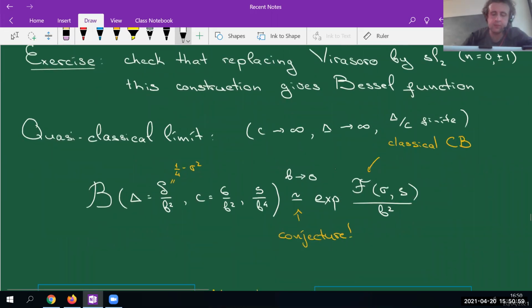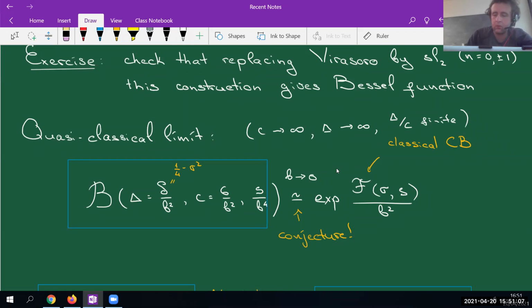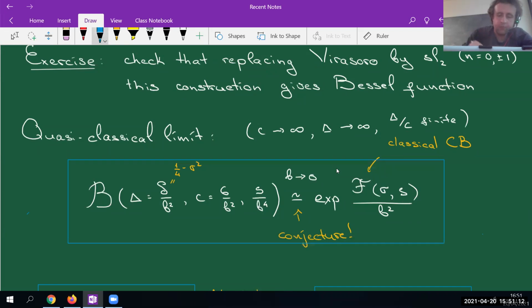So this is basically the formula. You see, every argument of the conformal block depends on a parameter which I call B. So c goes to infinity, delta goes to infinity, and the T variable also goes to infinity.